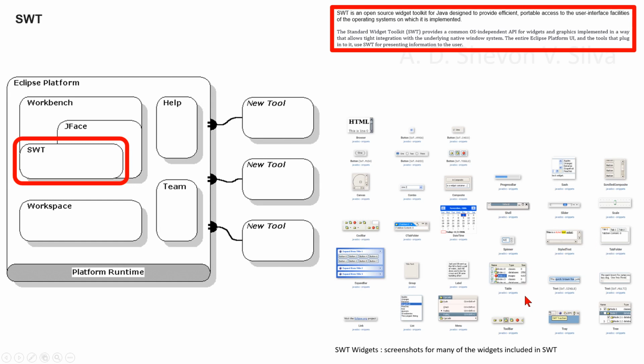Table, class Table. Instances of this class implement a selectable user interface object that displays a list of images and strings and issues notification when selected.